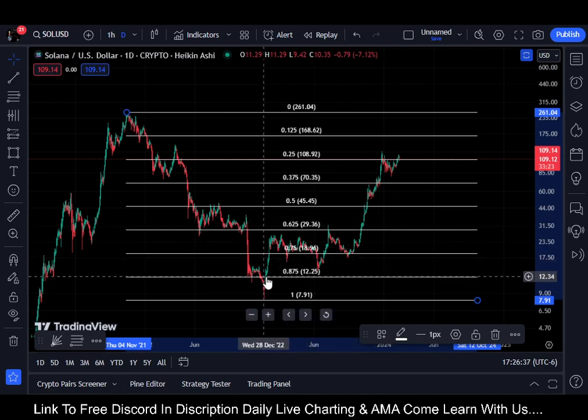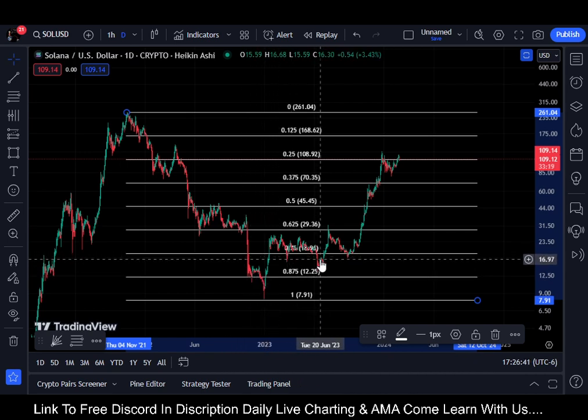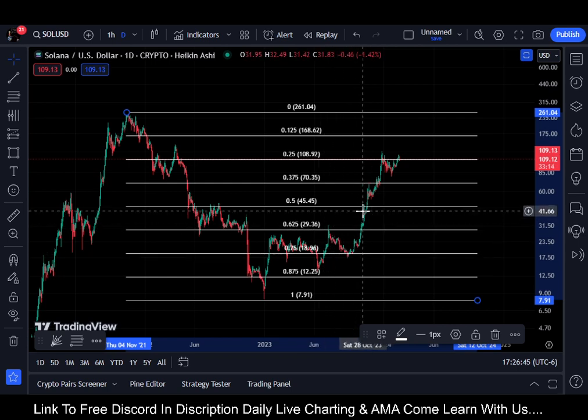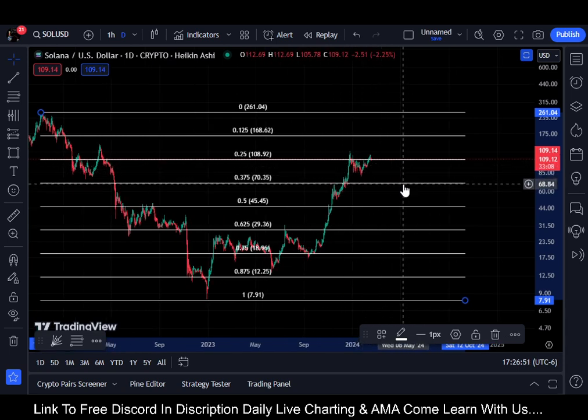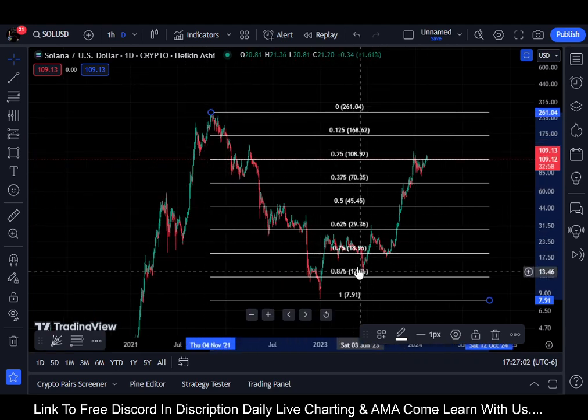Support resistance flip. Support, resistance, support, resistance, resistance, support right there, resistance. Just right there. So these are percentages of the range.